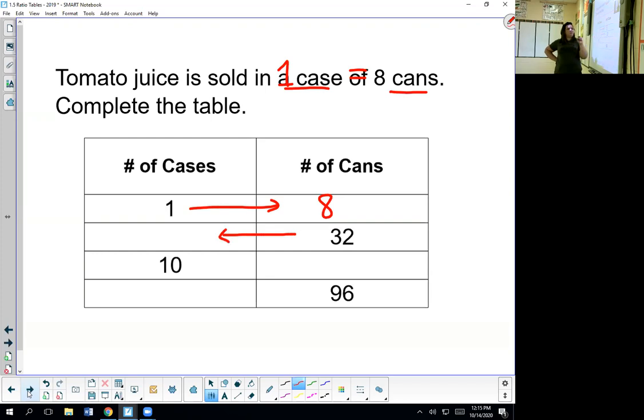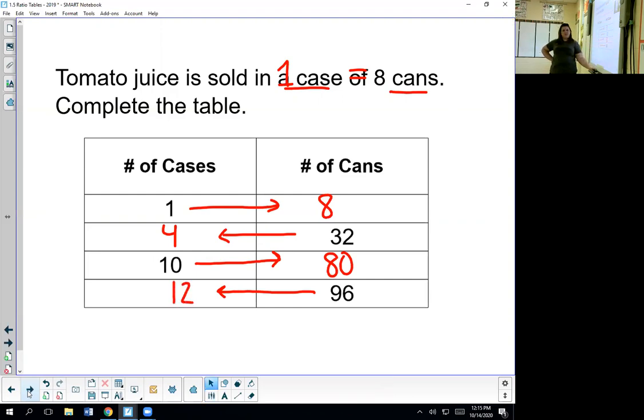Would it be 4? Yes. If I have 10 cases, how many cans would that be? 8, correct. And then if I have 96 cans, how many cases would that be? 12.